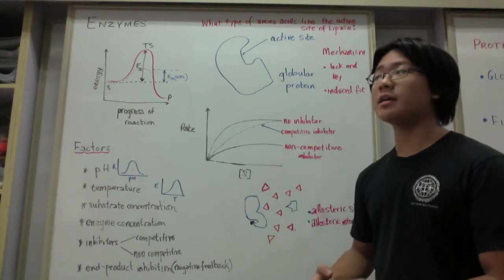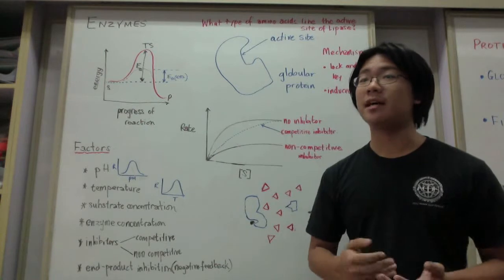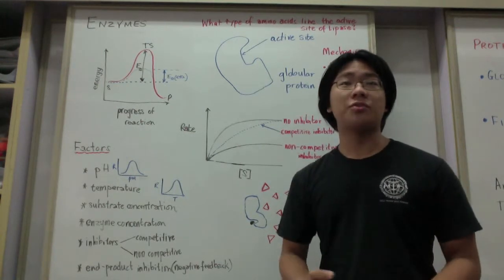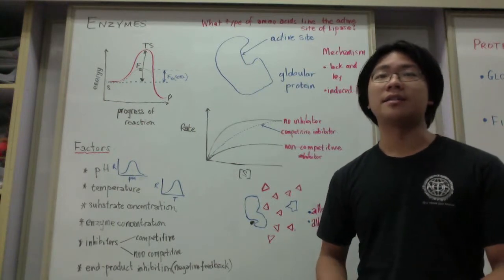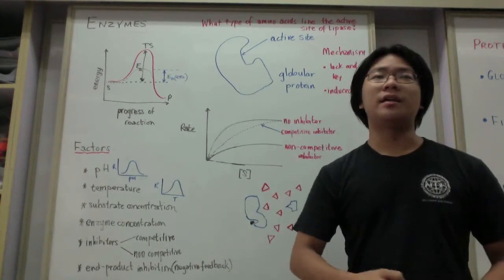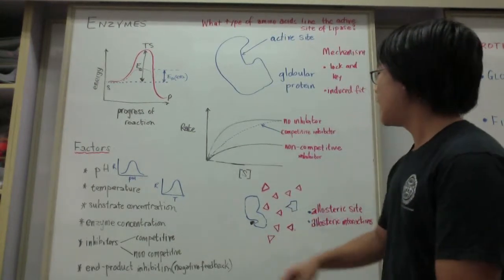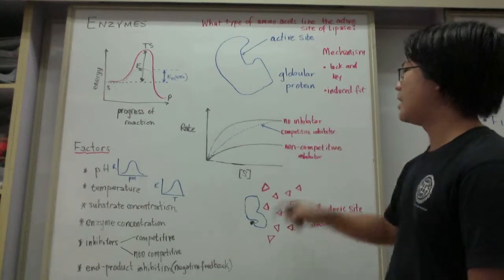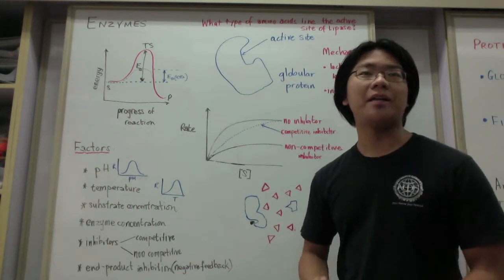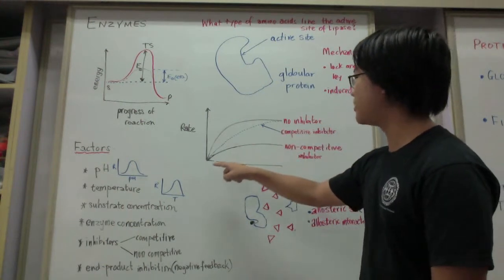Because the competitive inhibitor is taking up the active catalytic site of the enzyme, the actual substrate with which the enzyme is meant to be catalyzing isn't being reacted. So the rate decreases. However, when the concentration of the substrate increases to a certain point, it outcompetes the competitive inhibitor, so it can return to its maximum rate.